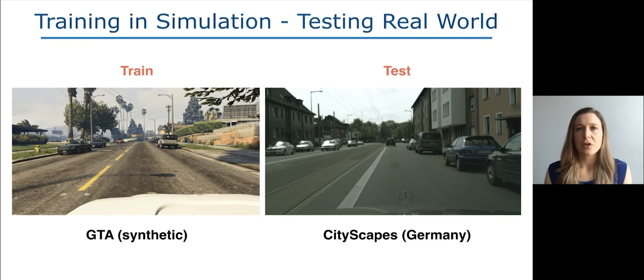But the real question is, if we're going to be training on simulated data, how well does that data actually translate to what we might encounter in the real world? So to understand that, one way would be to train a model, let's say a semantic segmentation model, on scenes like from the left, this Grand Theft Auto game, and then evaluate the performance of that semantic segmentation model on scenes from the right, the Cityscapes driving data set.